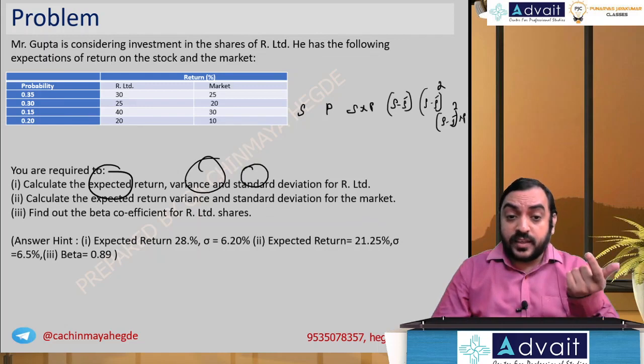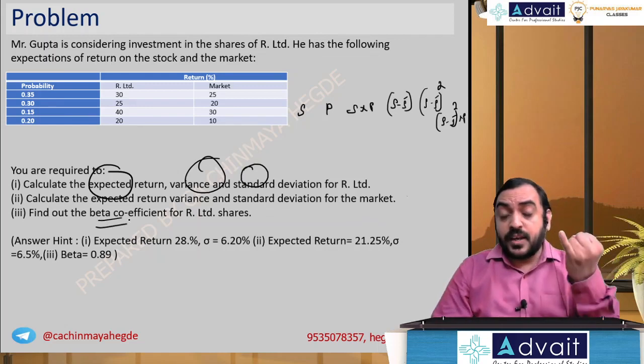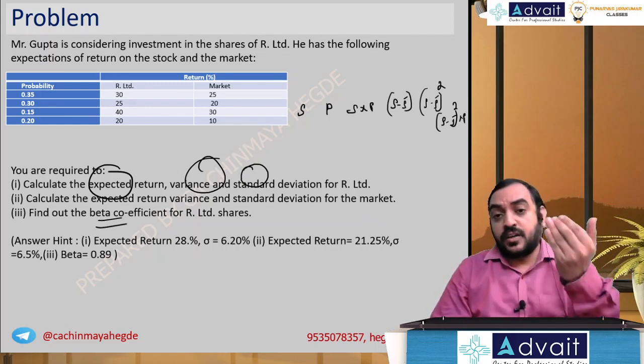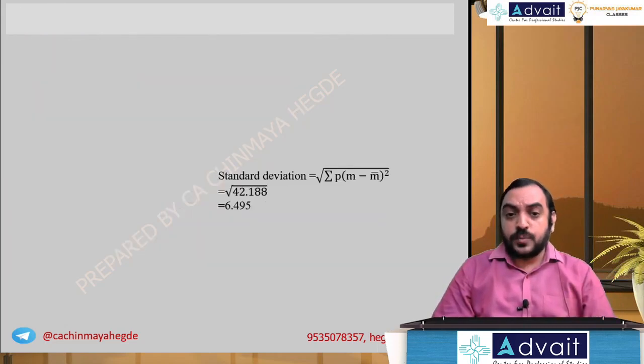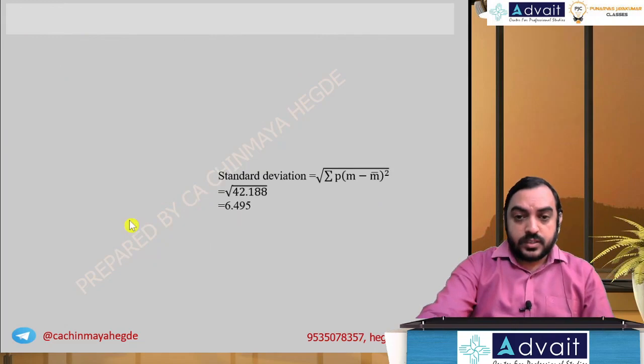And I need covariance because I need beta: M minus M bar into S minus S bar into probability. So these are the columns I'm going to write down.